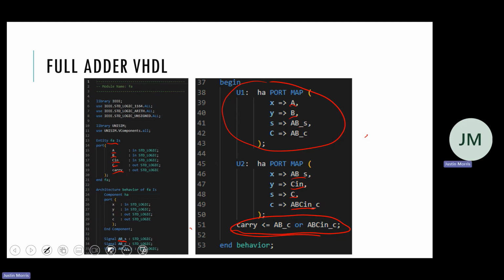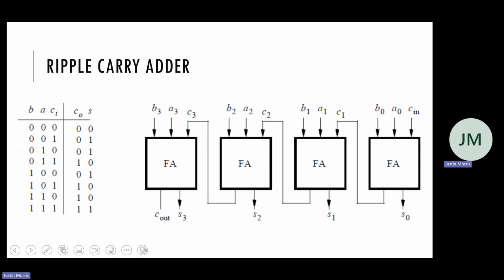So I'm providing this as a template to follow, because your task in the lab is to then take full adders and connect them together to make a multi-bit adder. So here's your circuit diagram, right? The first adder you're going to create is this ripple carry adder.